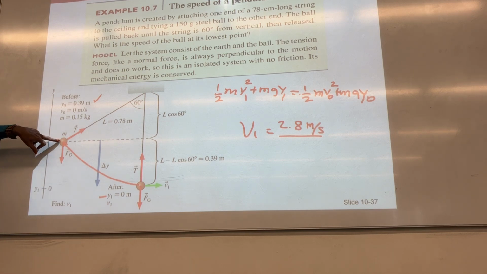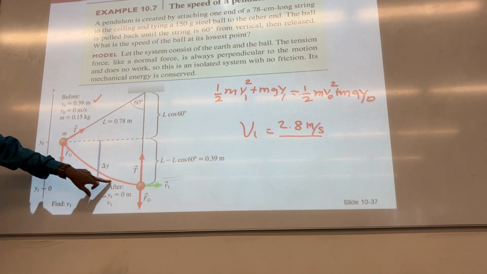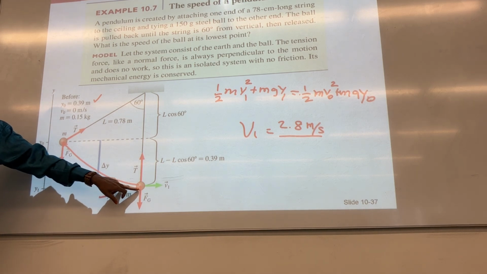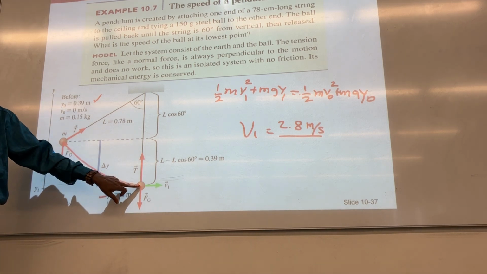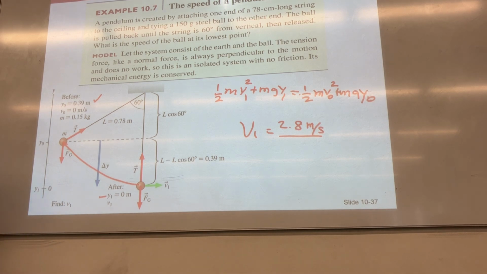So now you are keeping it at the position y0. That's the initial position, and then you let it go. It swings to the very bottom. What's happening here is the potential energy is 100% at this position. Why? Because the velocity is 0, so no kinetic.